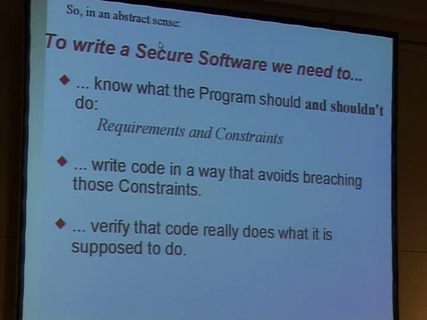To write secure software, we need to write code in a way that avoids breaching those constraints, obviously. To know that we are really doing this, we also need to verify that the code has achieved this goal. I think one of the big reasons why it's not common yet to teach programmers this is that companies see it as a waste of time. If you hunt for bugs and then fix them, you have some kind of measure that you're making progress.